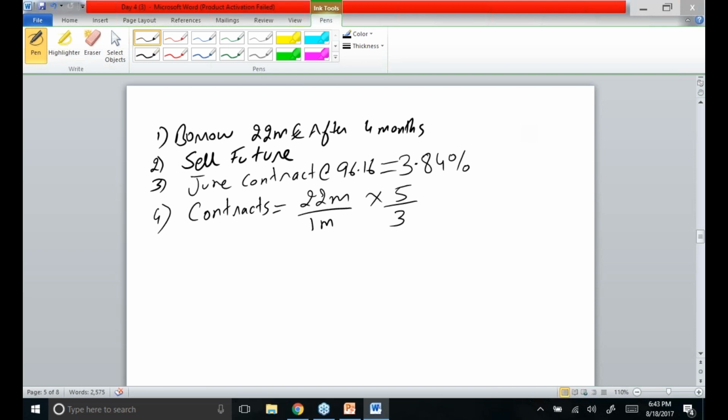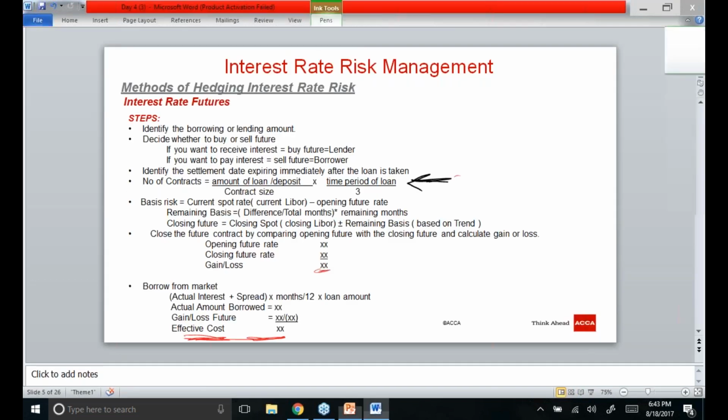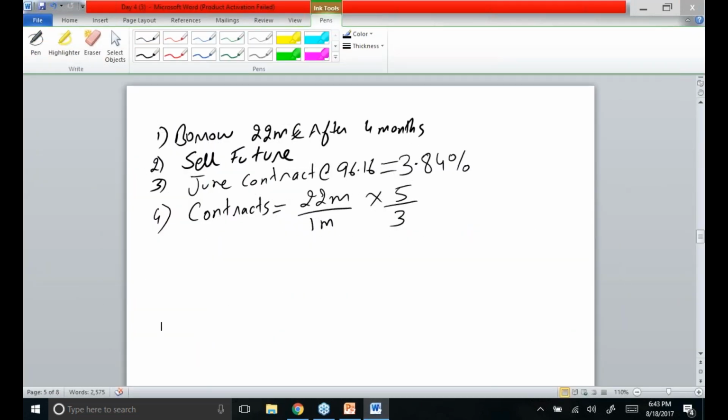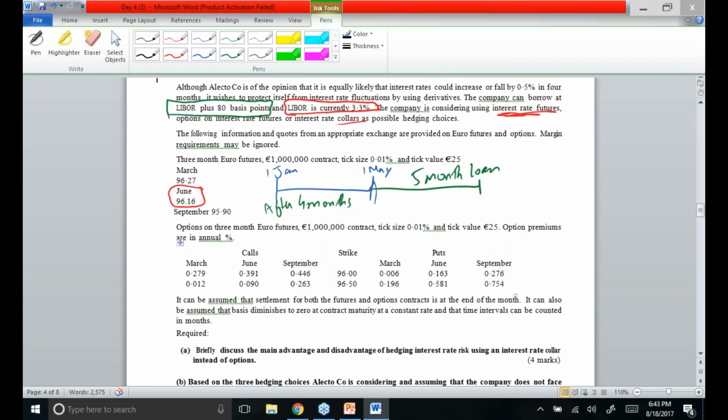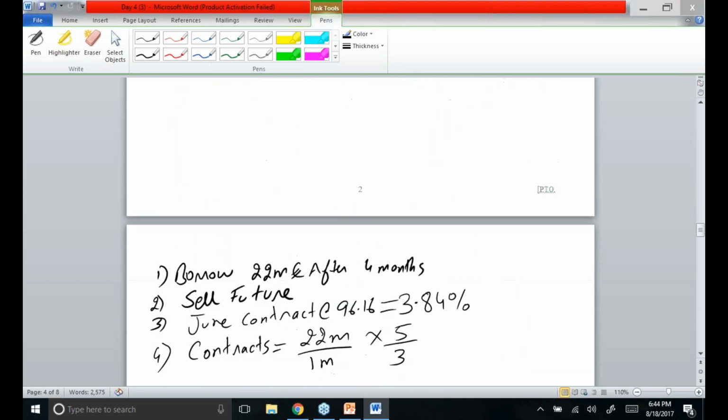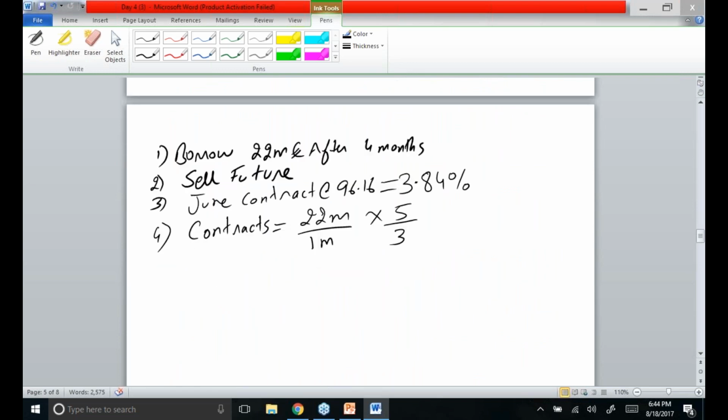So the 22 into 5 over 3. Contract size of 1 million, definitely it is correct. So according to my calculation, the exact number is 37. Okay, now the next step.